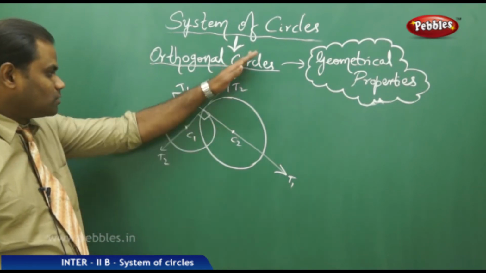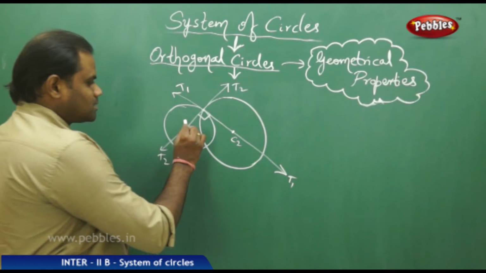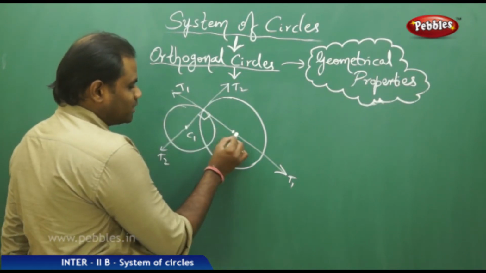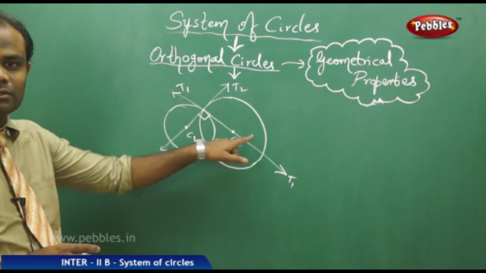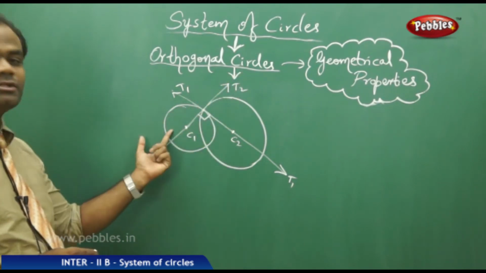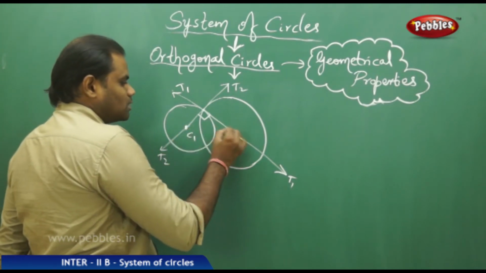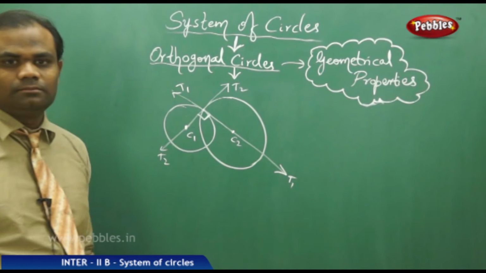That is, if the two circles are orthogonal, then the tangent of circle C1 passes through the center of circle C2, and the tangent at circle C2 passes through the center of circle C1. Geometrically, this is true if the two circles are orthogonal.